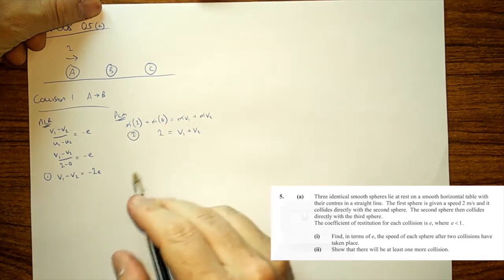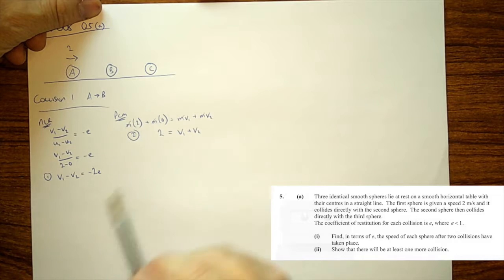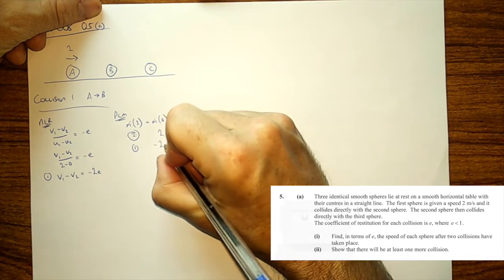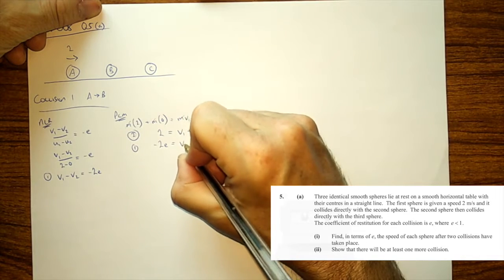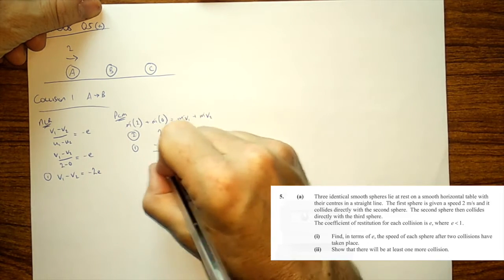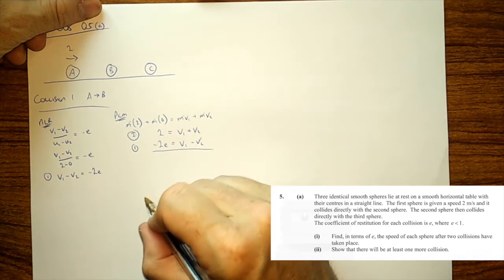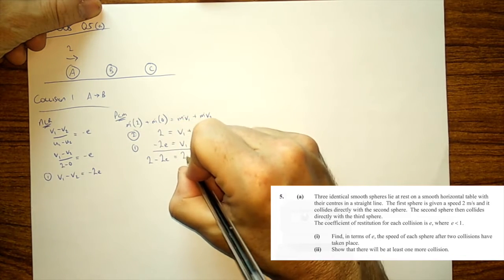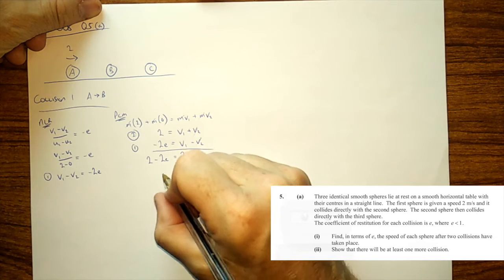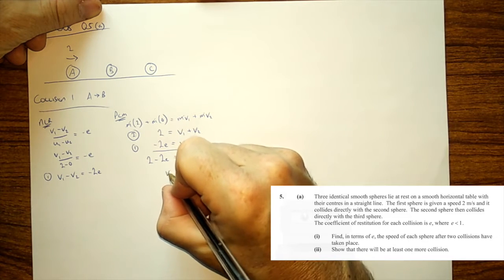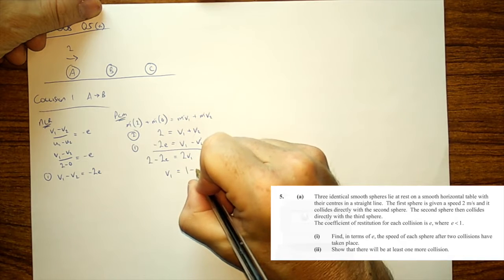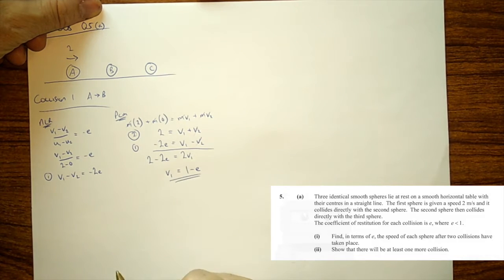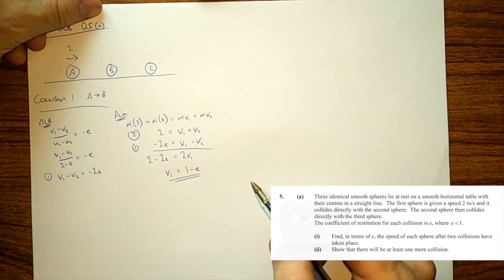That's equation 2. I have a minus V2 and a plus V2, so combining 1 and 2, those cancel out. So I get 2 minus 2e equals 2V1. So V1 is 1 minus e. There is my first speed in terms of e.